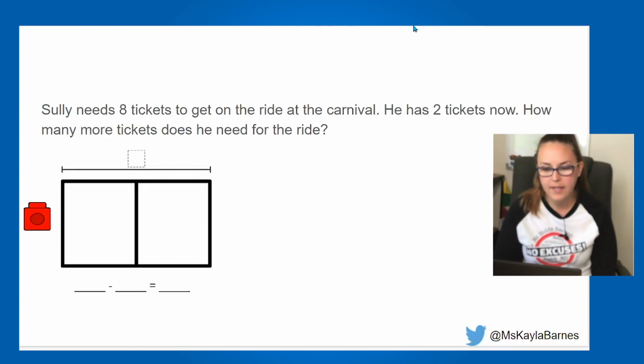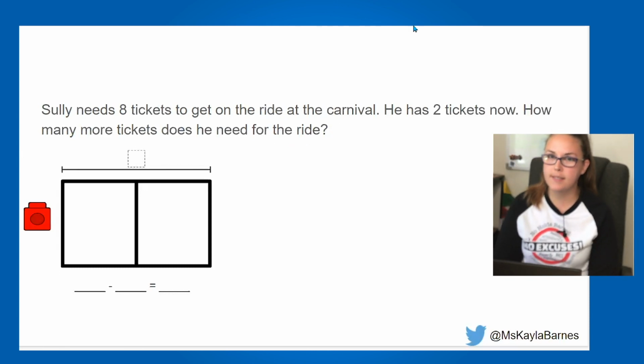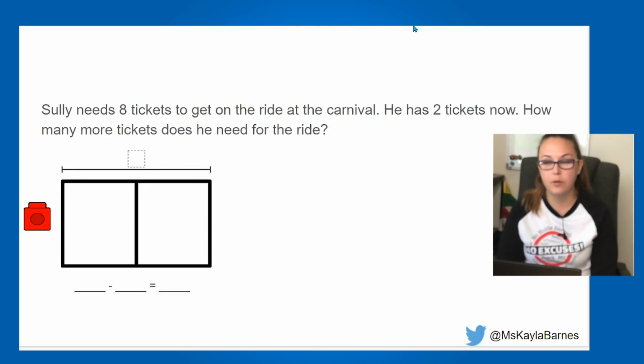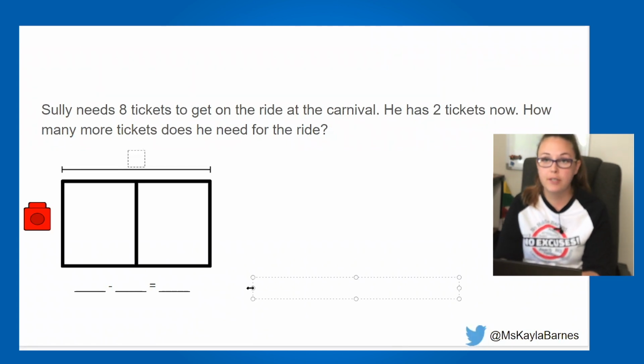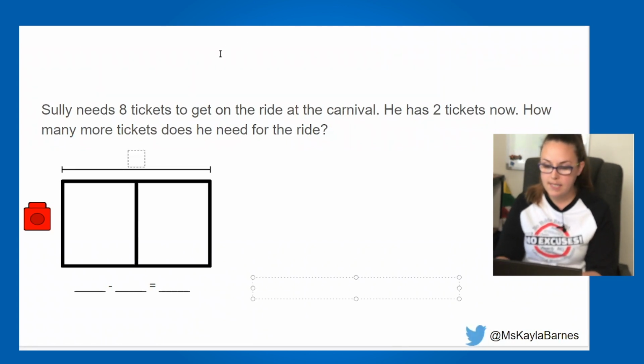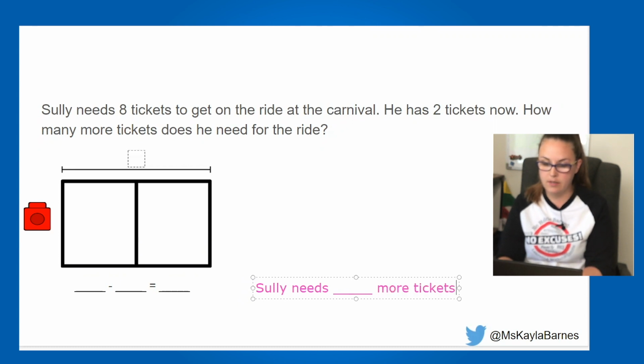Do you remember what the next step is in our process of understanding word problems? The next step is we need to write a sentence that will answer our question. So our sentence should say something like, Sully needs some more tickets to get on the ride.